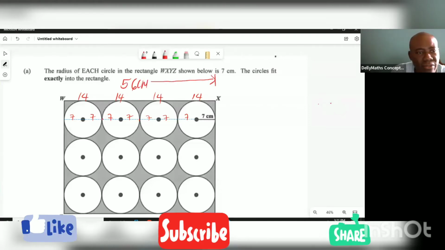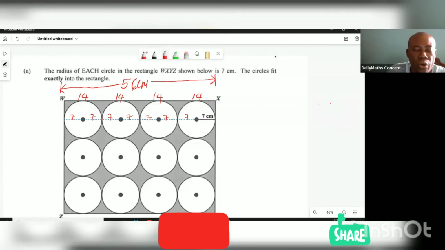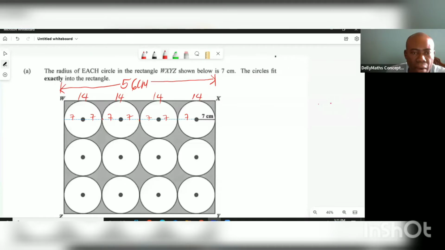We could look at it as 7, 8 times, which is 56, or as the diameter, 14 times the 4 circles, which gives us 56. Whichever means we want, we'll get 56.